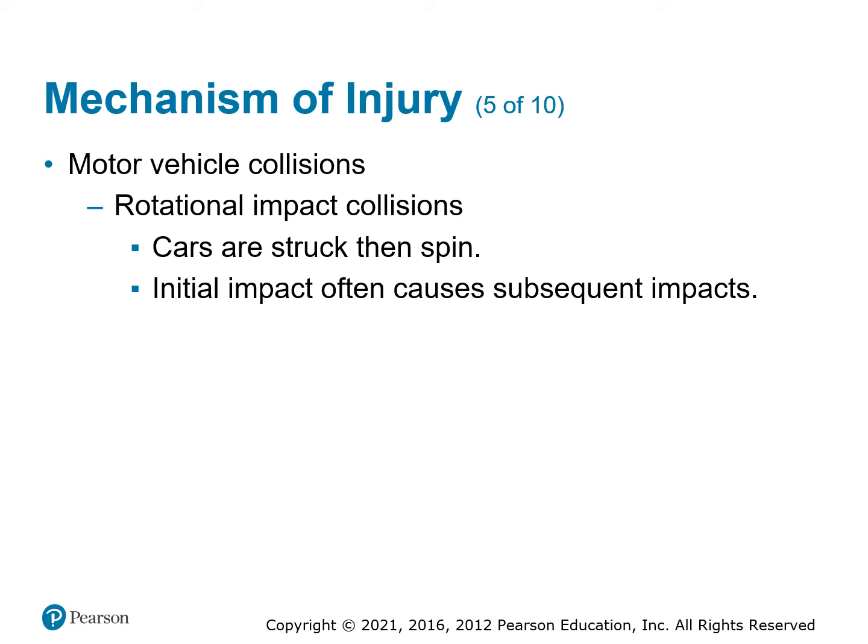So you could be looking at injury patterns from head-ons to rear ends to just about anything in these types of situations. They're less common. Your more common accidents are either single vehicle or two vehicle accidents, but you do need to be aware that this can happen. The other thing to be aware of is perhaps the first impact wasn't bad and the patient took their seatbelt off thinking that they were going to get out, and then another car comes up and strikes the scene.